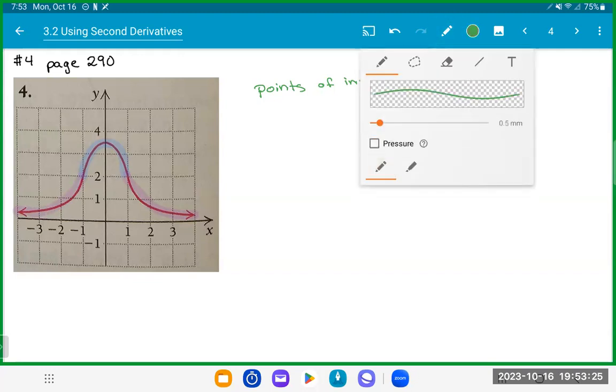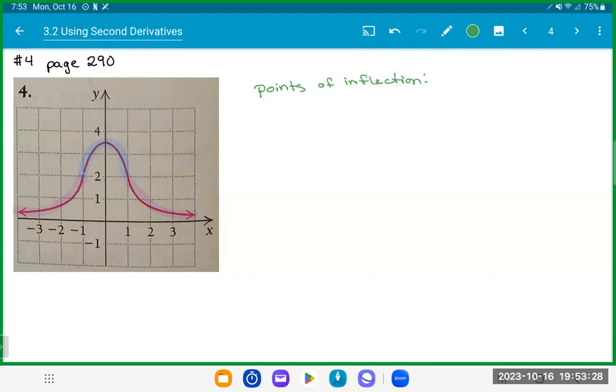So we can kind of see that somewhere right around right here, my graph is shifting from concave up to concave down, right? And so I would have inflection points. So my inflection points are going to occur at (-1, 2) and at (+1, 2). Okay.